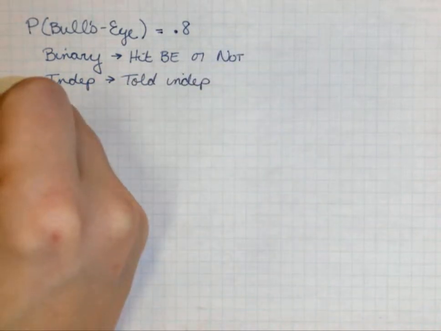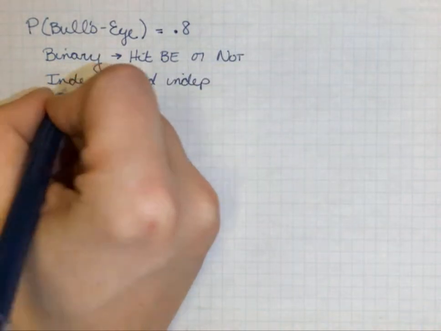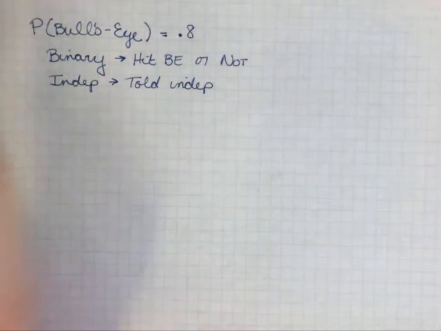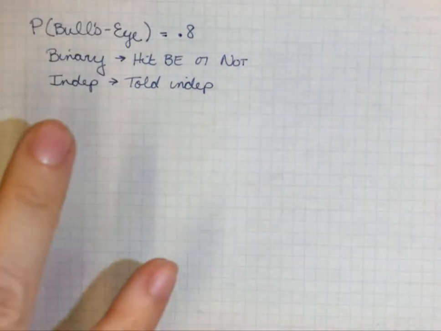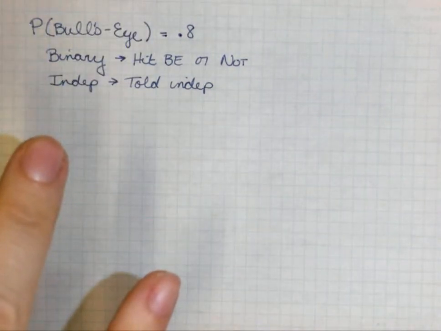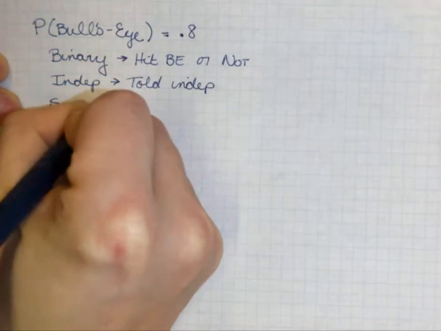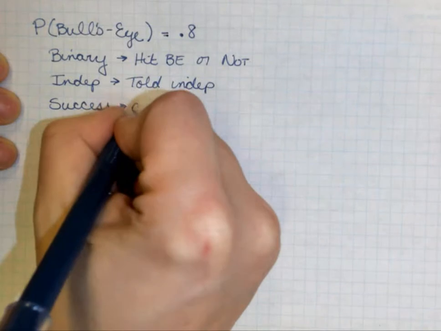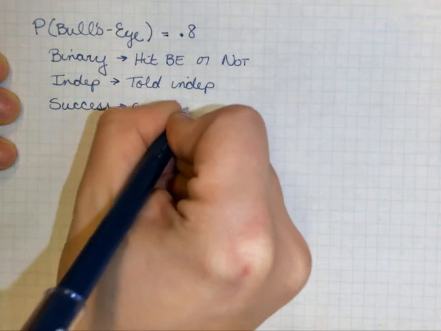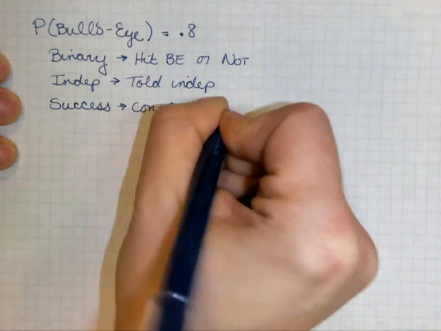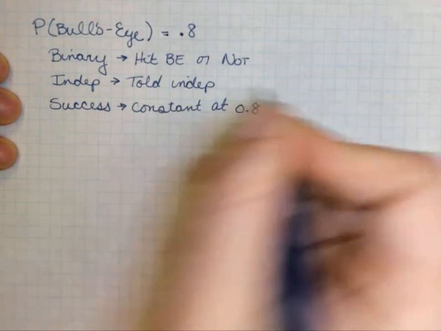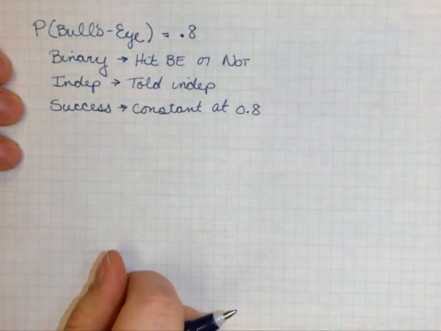What else? What stays consistent between both of them? Successes. So success is constant at 0.8. Okay? So far, so good.